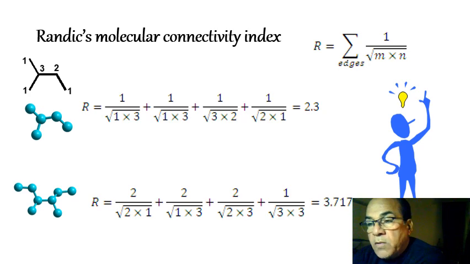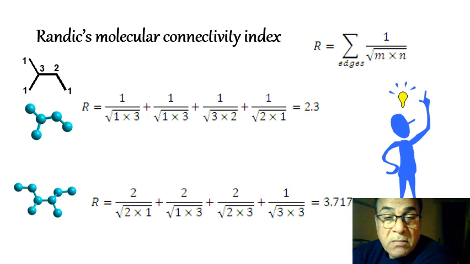Under the name of connectivity index, it can be called a branching index. It is suitable for measuring the extent of branching of the carbon atom skeleton of saturated hydrocarbons. Look, we have two structures with different branching. In the upper structure, there are 5 atoms and 4 bonds.